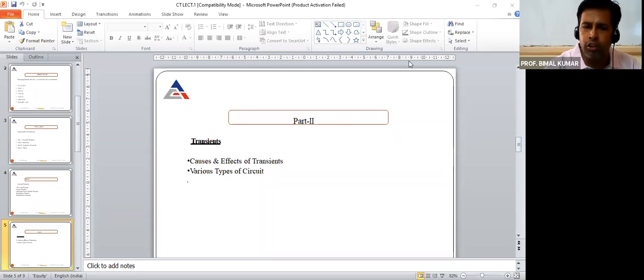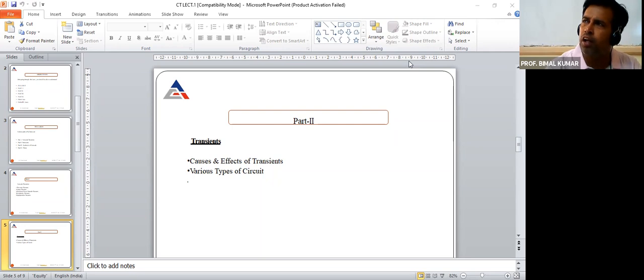In this part, we will study RL series, RC series, RLC series with different types of input. Input may be DC, input may be AC. Also, there are different types of signals like step signal, ramp signal, impulse signal, pulse signal, exponential signal, sinusoidal signal.